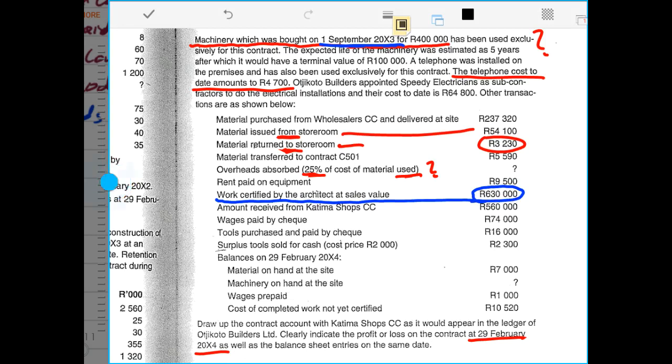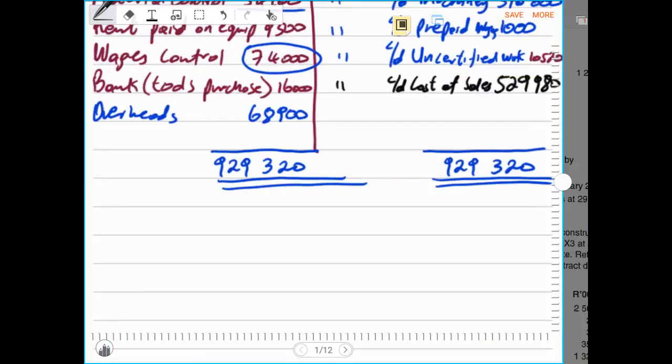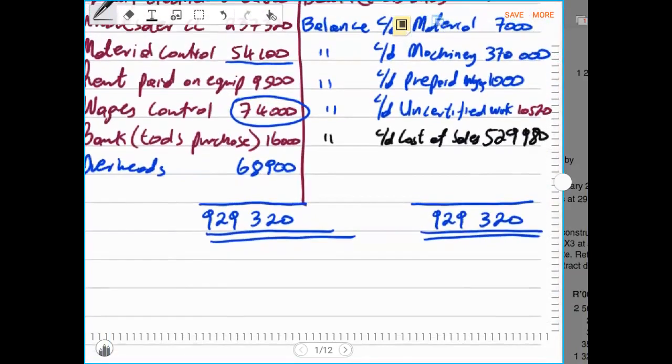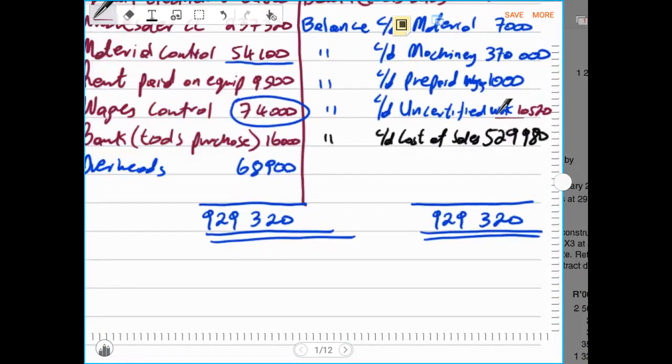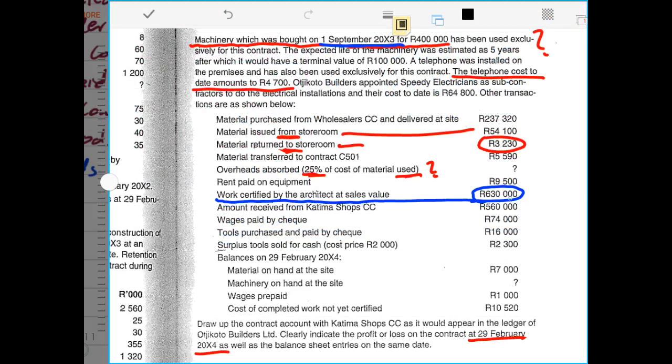The value of the work certified is more like the selling price of the cost of the work that we have completed, because this is the work that we have completed and the cost of the work that we have completed is this amount. And in that cost now, the client promised to give us the amount of 630,000 rands. So now this is the selling price of the work that is certified.